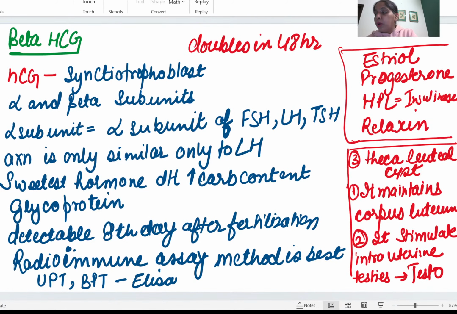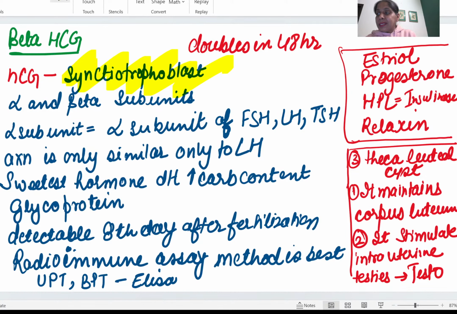Now a small note on beta HCG. What is beta HCG? Beta HCG is a hormone which is secreted by the placenta. In the placenta there are two types of trophoblastic cells: the cytotrophoblast and the syncytiotrophoblast.